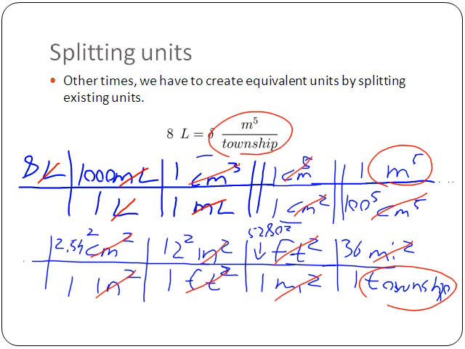So doing so, we have on top 8 times 1,000 times 1 times 1 times 1 times 2.54 squared times 12 squared, which is 144, times 5,280 squared times 36.